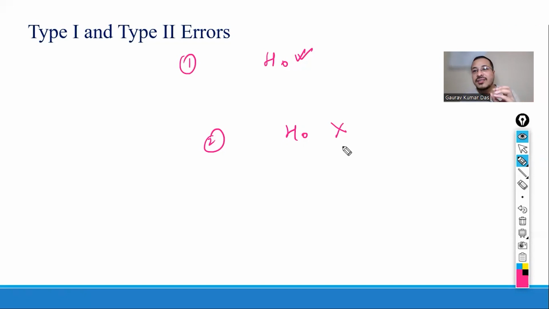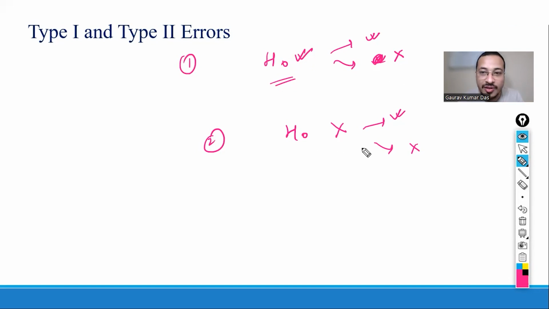Now, what are the problems which I can face? When the null hypothesis is accepted, either I may be correct or I may be wrong. Here also, either I will be correct or I will be wrong. If you look at the wrong scenarios, there are two wrong scenarios which may come up. When I accepted the null hypothesis, I should not have accepted it.